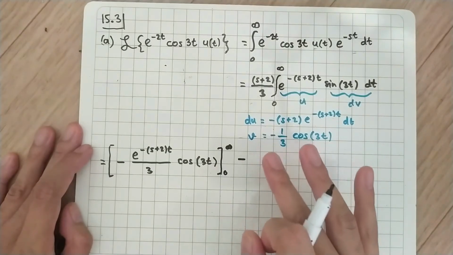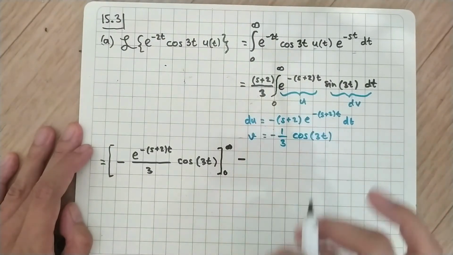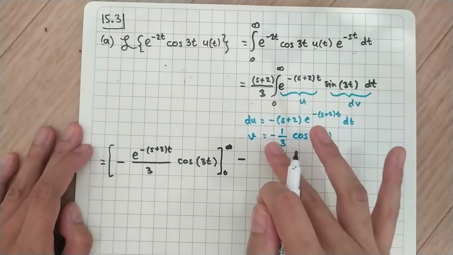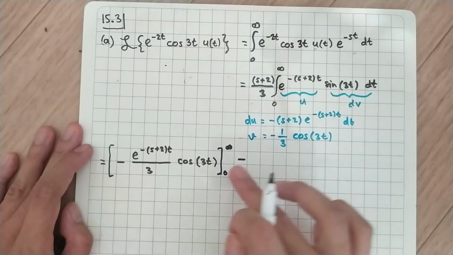So our v is this and our du is this, because this minus and minus sign will cancel each other, so the sign will be still minus.